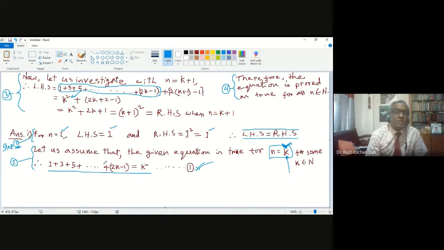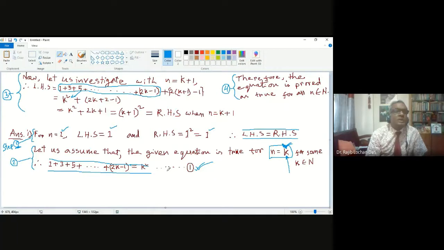So if the theory is correct, then you can write 1, 3, 5, 7 up to 2k minus 1 equal to k square, because this is the theory actually. This is the given thing. And now you stop here as a fact you have in your hand.